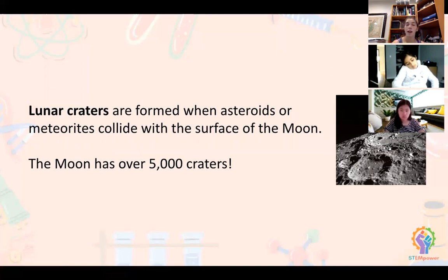As you can see, there are little holes in the Earth's surface from getting hit by these rocks. And the moon has over 5,000 craters. So there's a lot of craters on just the moon. Do you have any idea why Earth does not have as many craters?